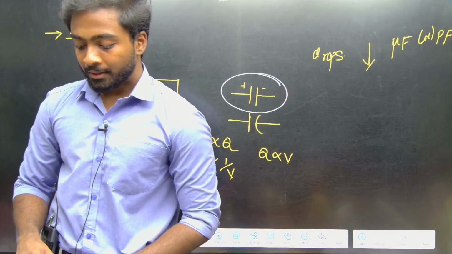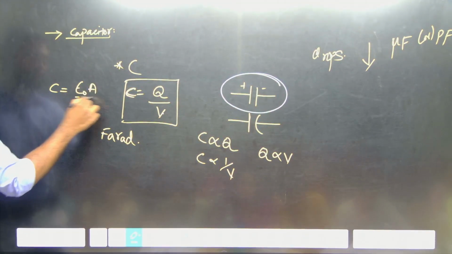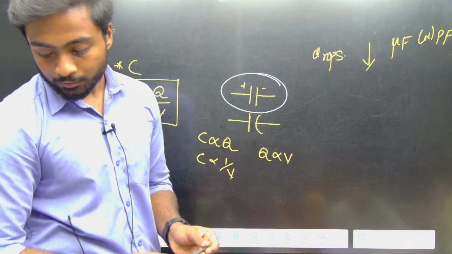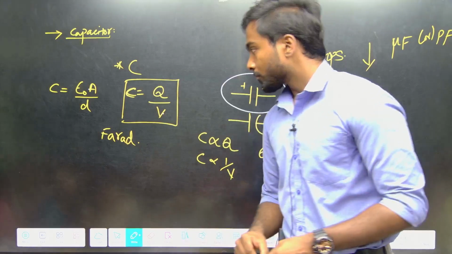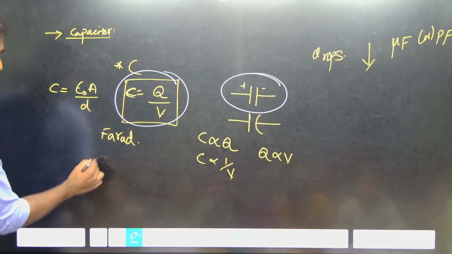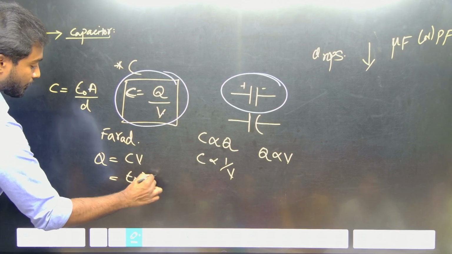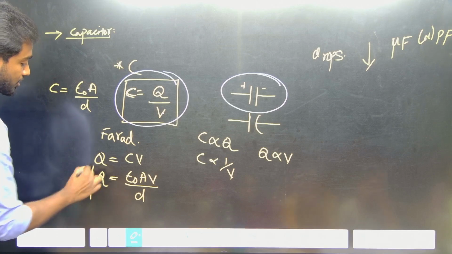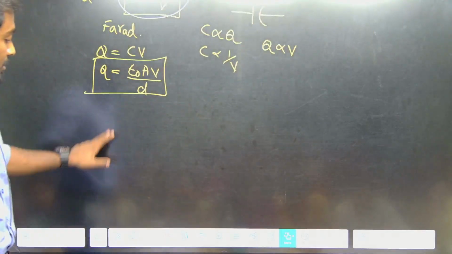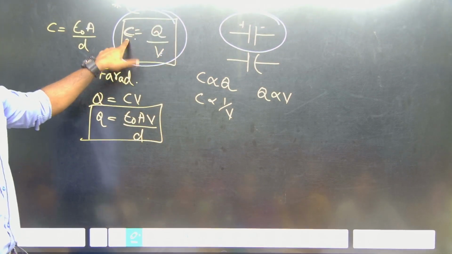The first one, parallel plate capacitor. Write down the formula: C is equals to epsilon naught A by D. Initially we know the formula C is equals to Q by V, so Q is equals to CV.